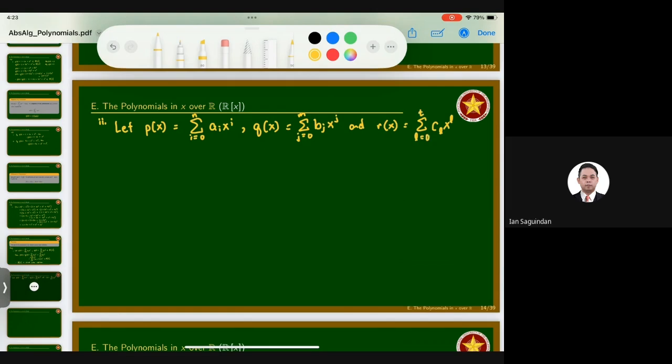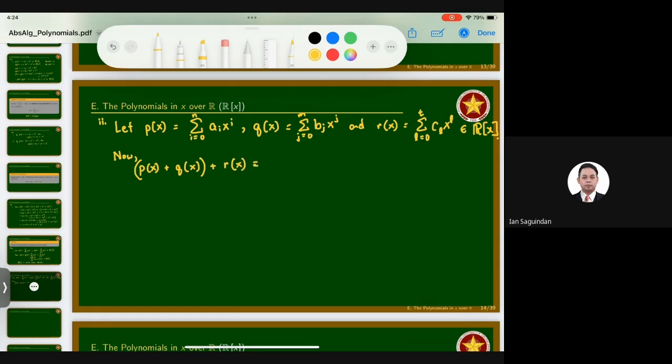Okay, so take note, we do not have an assurance yet that the three exponents are the same and the three upper limits of the summations are the same. So we can assume that generally they are distinct. Now, what do we know about the addition? P of x plus Q of x, after you find that sum, you're going to proceed with the sum with R of x.